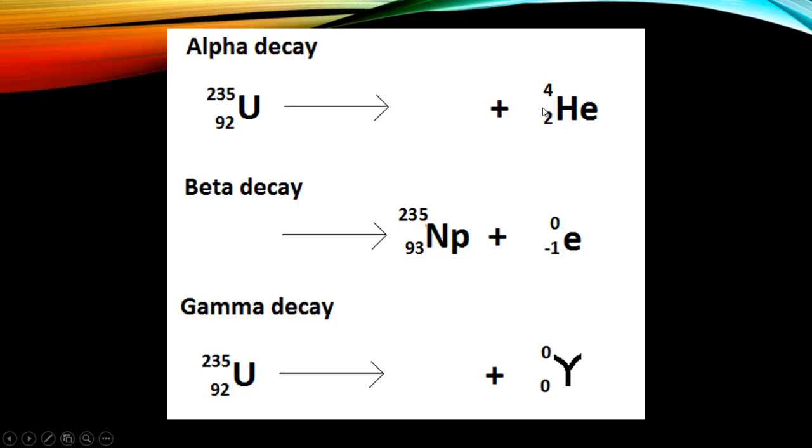So to do that in algebra, you have to do the opposite. So you've got 235 minus this 4 over here, so the top number would be 231. For the bottom, you've got 92 equals something plus 2. Well, what number plus 2 would give you 92? To find that, 92 minus this 2 would give you 90.